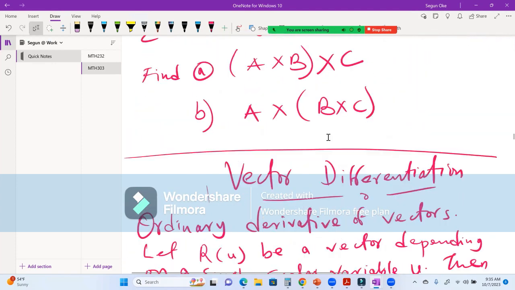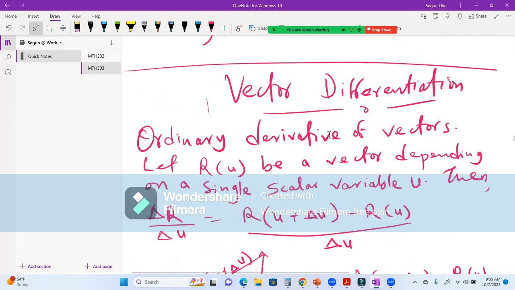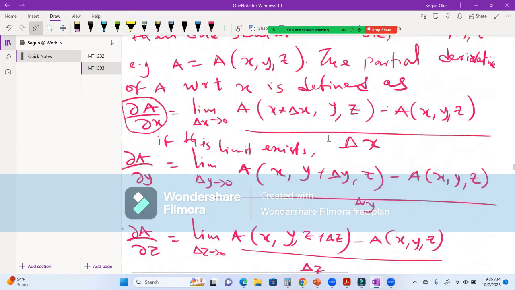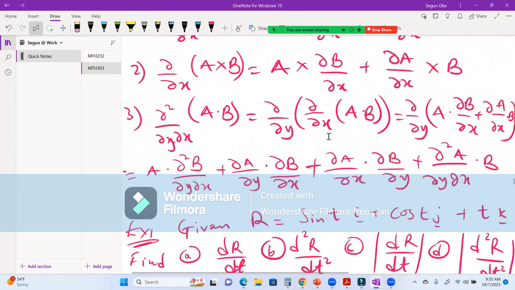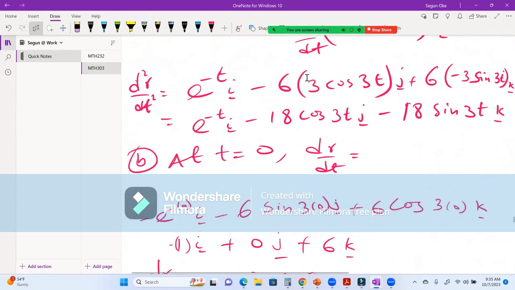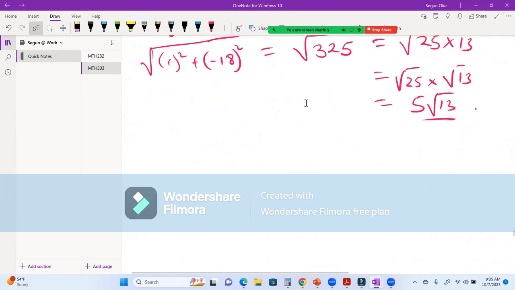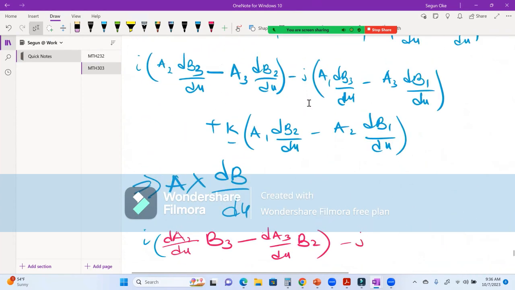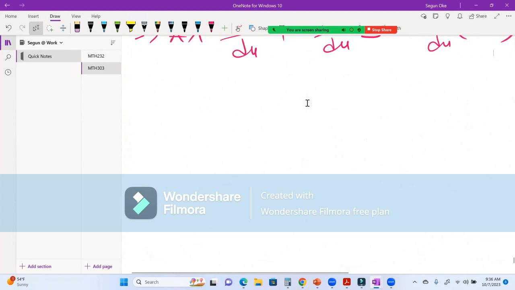Last week we did vector differentiation, and we looked at both partial and ordinary differential equations. We solved examples on that, and this week we'll continue from those applications.